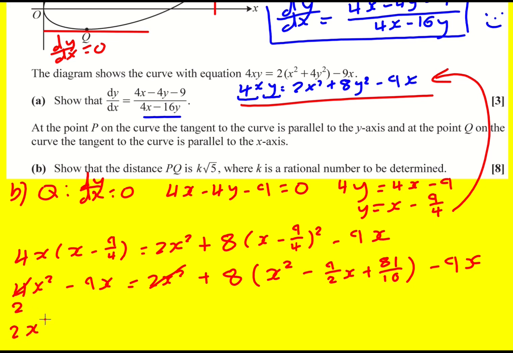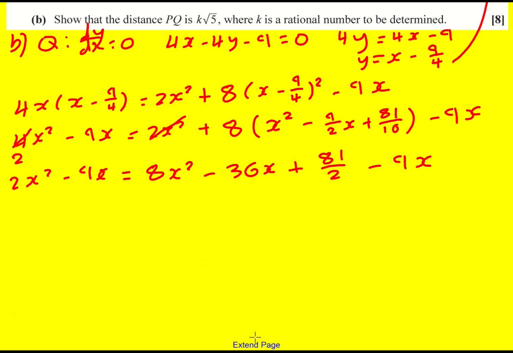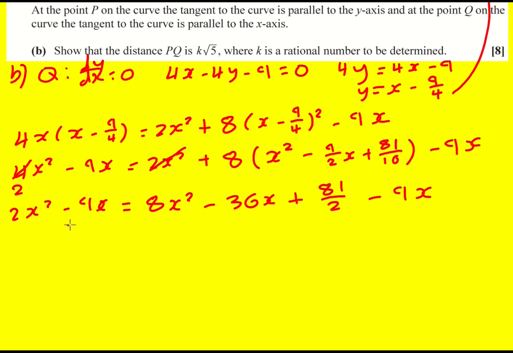So 2x squared minus 9x equals 8x squared minus 36x plus, it's going to become 81 over 2. Of course, use your calculator as you need to. These are going to cancel. It's quite good.